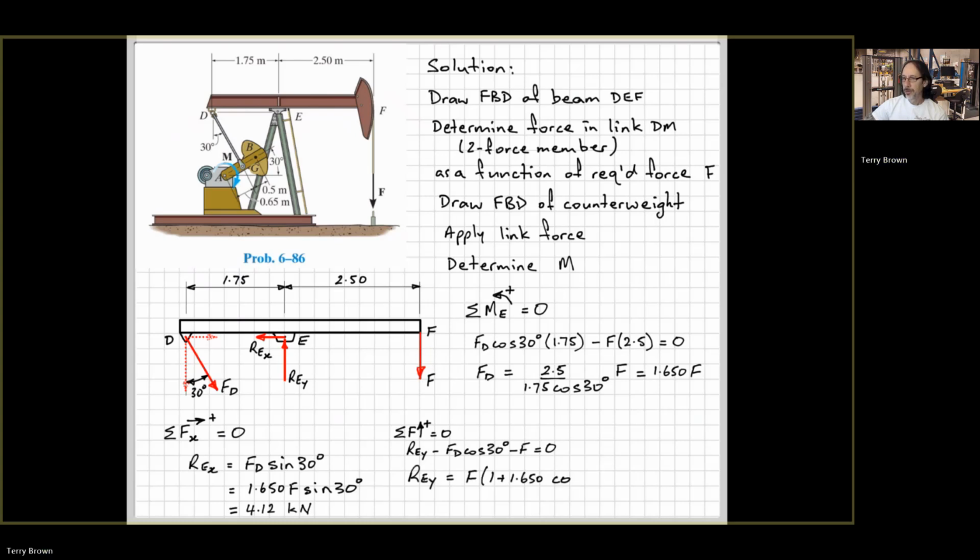So I've just substituted FD down into here and rearranged that, put in my 5 kilonewtons that was given for F, and solved for REy.